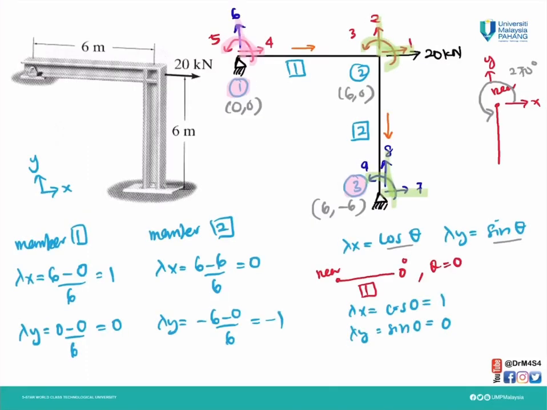So for member 1, you need to check back those numbering for X, Y, and Z. So as we got here, Q1 is 0, Q2 is 7.5, that means going up, and Q3 is negative 45. This is direction on member 1.